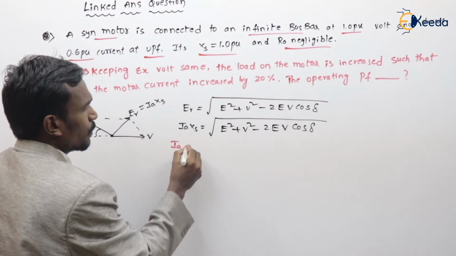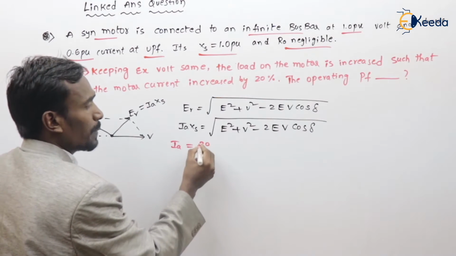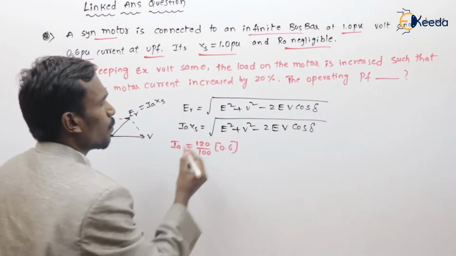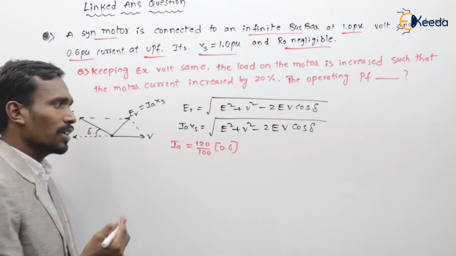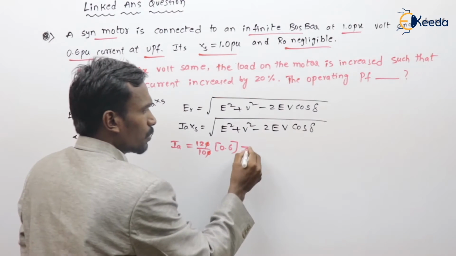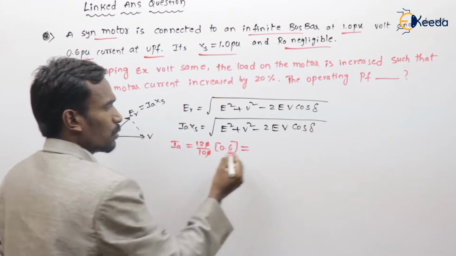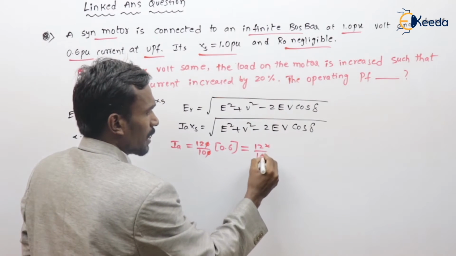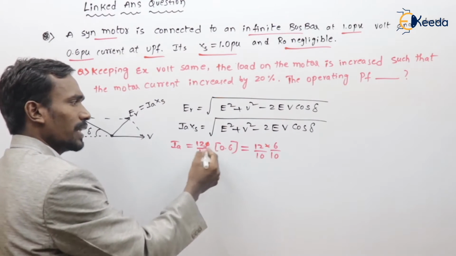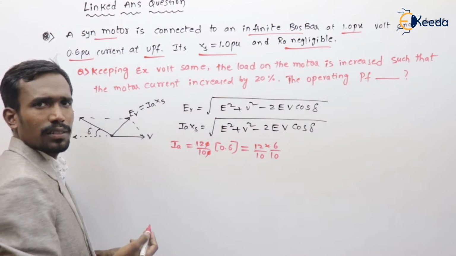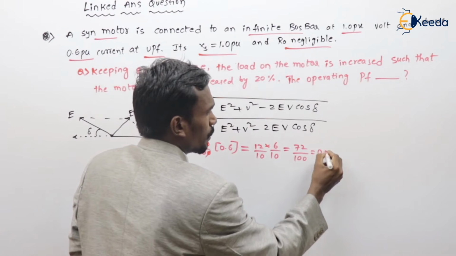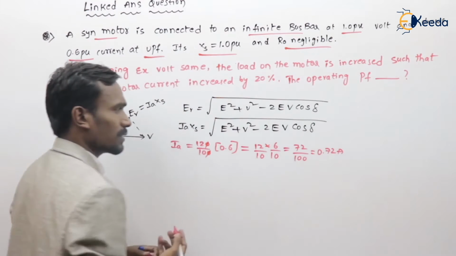So IA new is 120% of 0.6. How much is it? 12 by 10, 6 by 10. The answer is 72 by 100, that is 0.72 amperes.